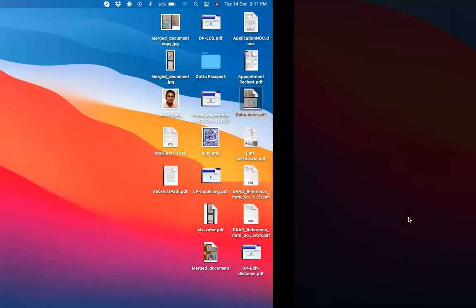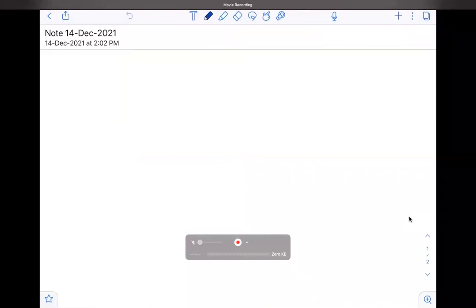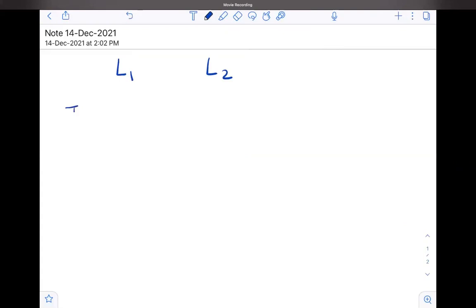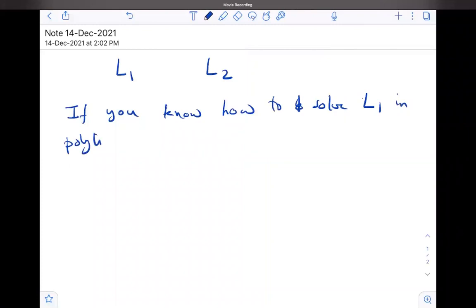Okay. So the way in which you can think of it is that you have two problems, L1 and L2. If you know how to solve L1, say in polytime, then you can solve L2 in polytime.